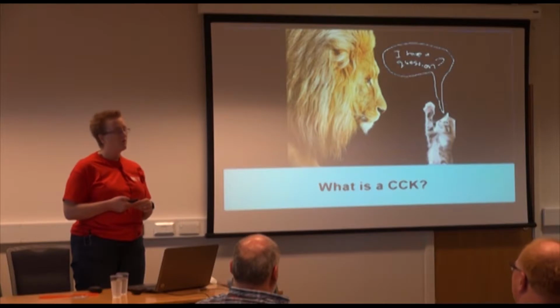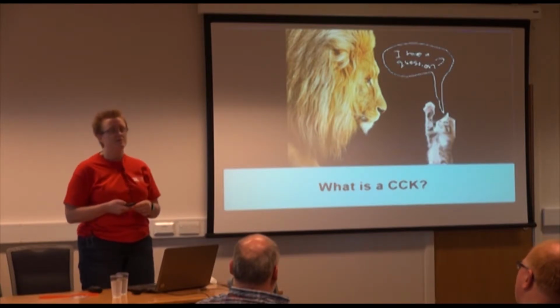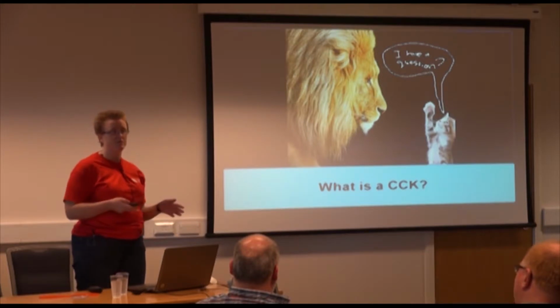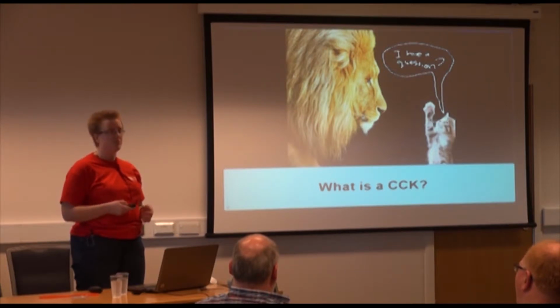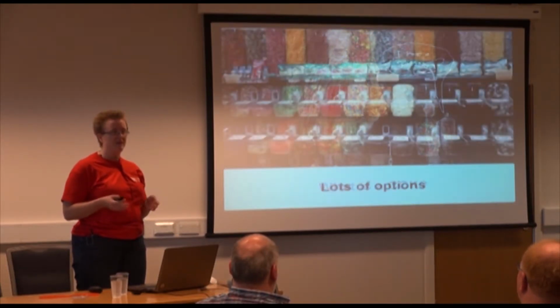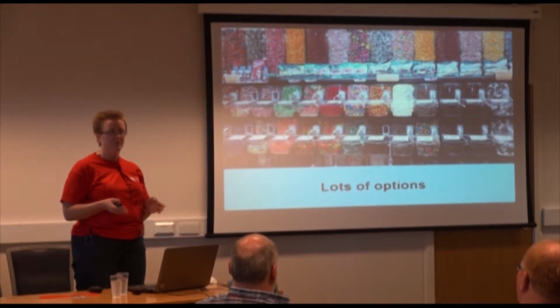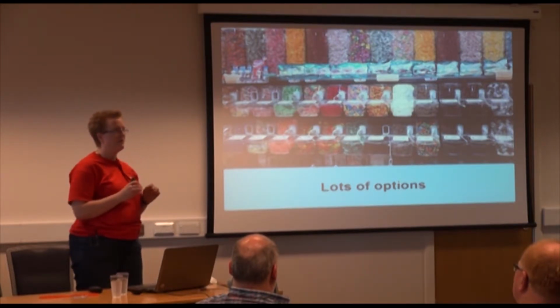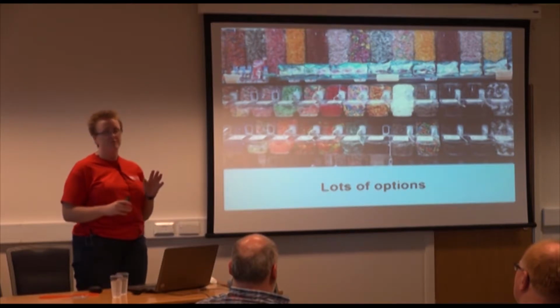Really, what a CCK does, and there are different types of content construction kits that you can use for Joomla. Over the years, newer ones have come in, and they work slightly differently. It gives you more options, so you don't have to just be stuck with the Joomla article system. It might be that you need to add extra images. It might be that you need to have extra fields where you can provide information.